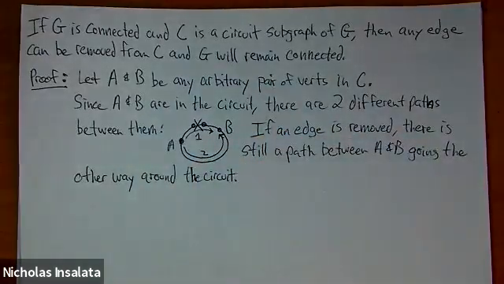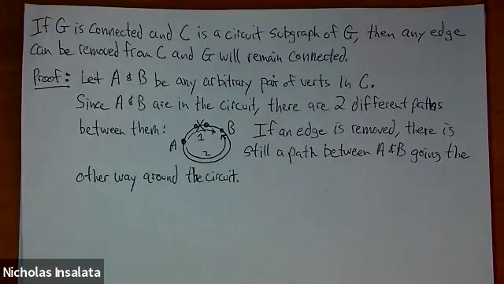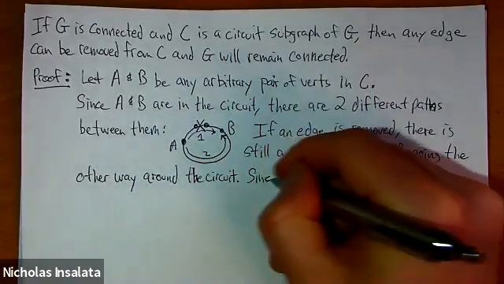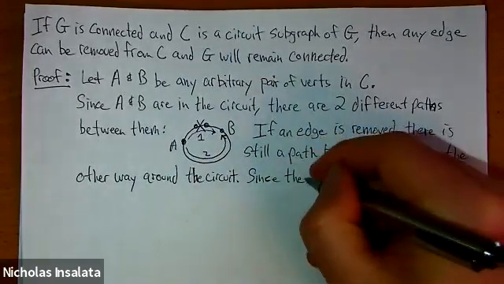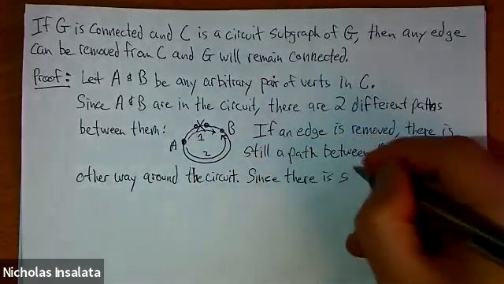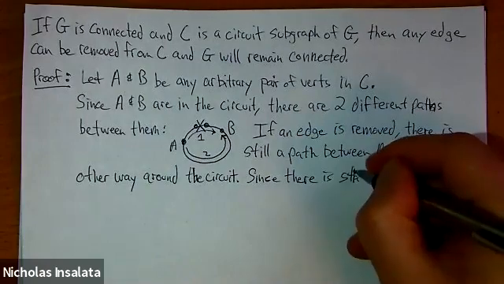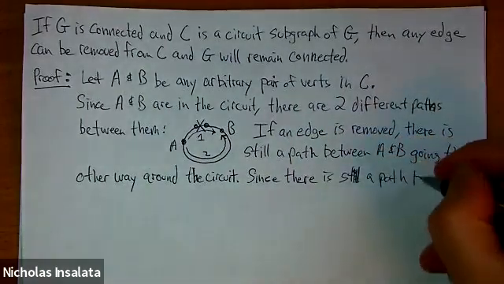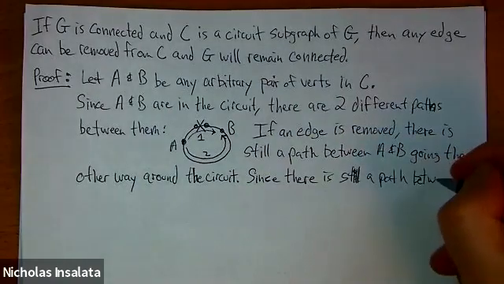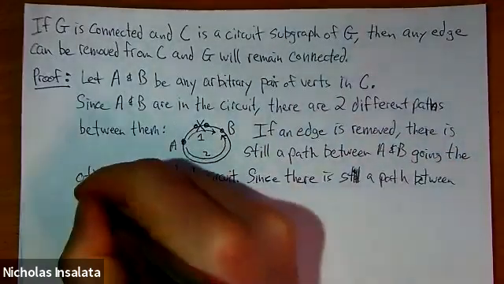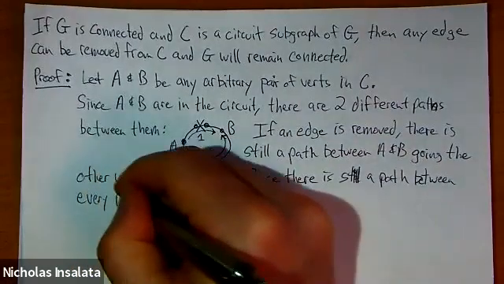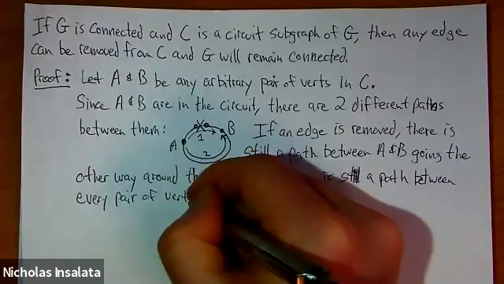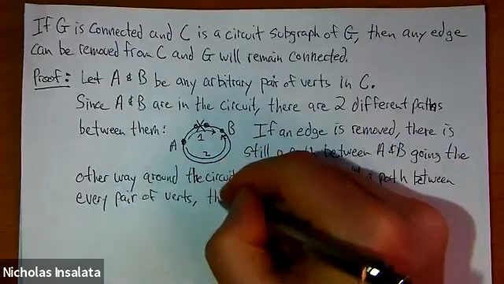And since every pair of vertices has a path, since there is still a path between every pair of vertices, the graph is still connected.